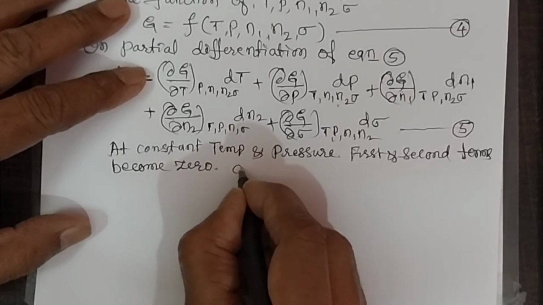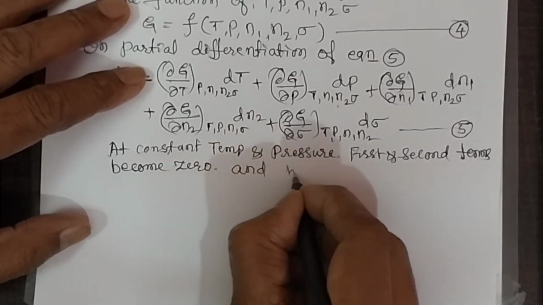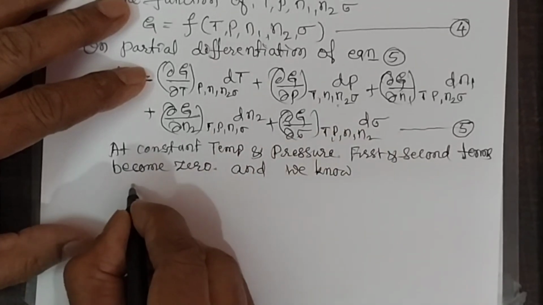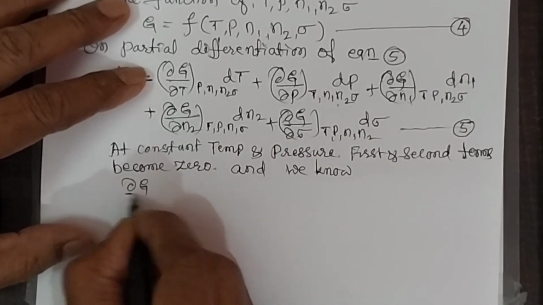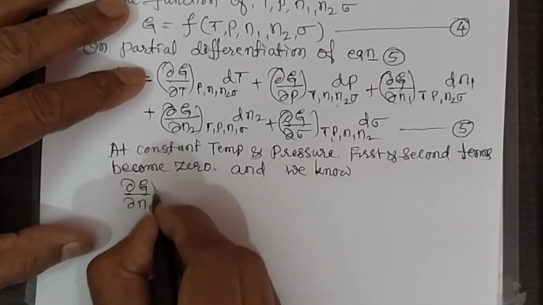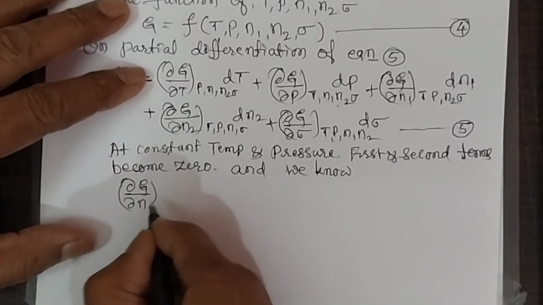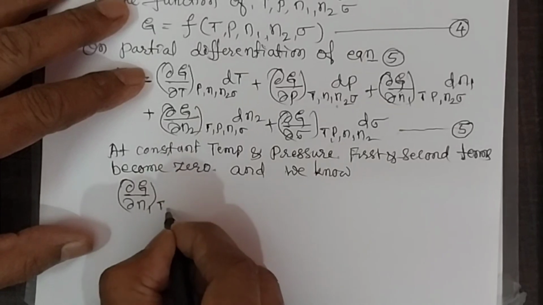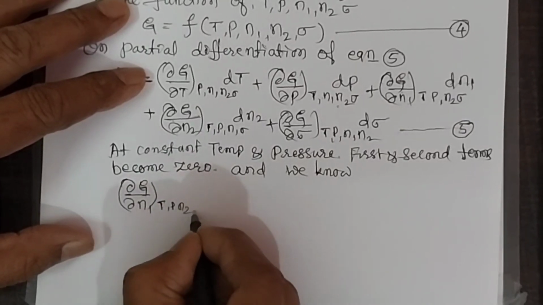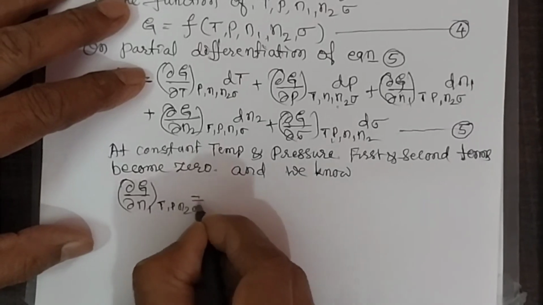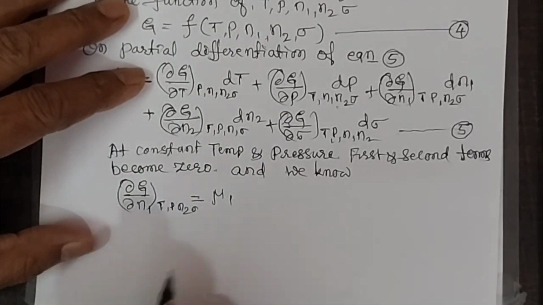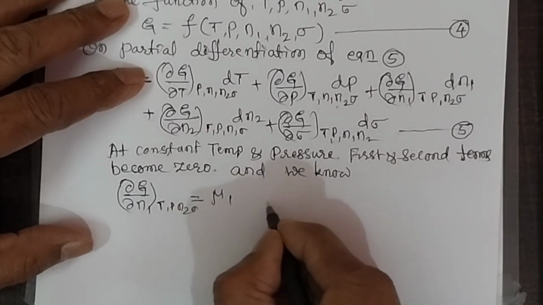We know the partial variation of free energy with respect to the number of moles of component 1 at constant temperature, pressure, n2 and rho is equal to mu1, the chemical potential of component 1.